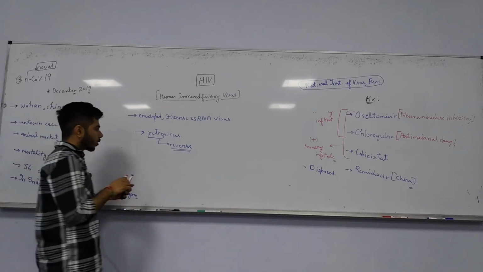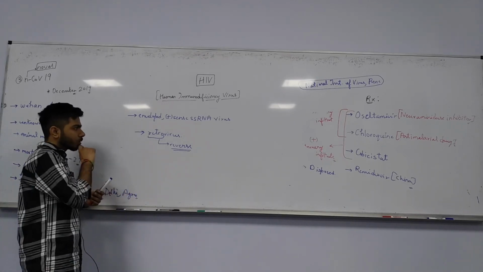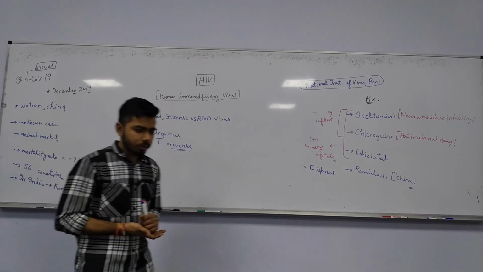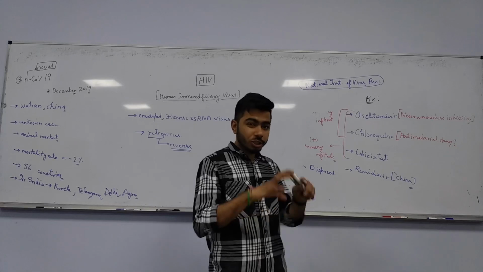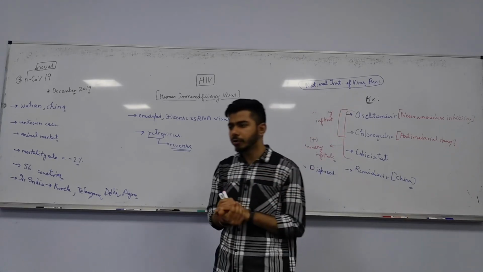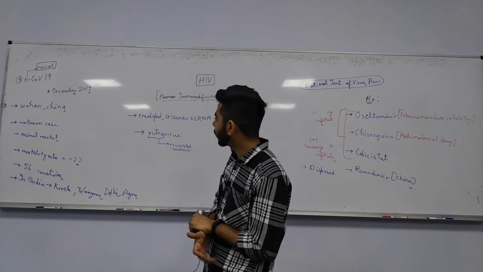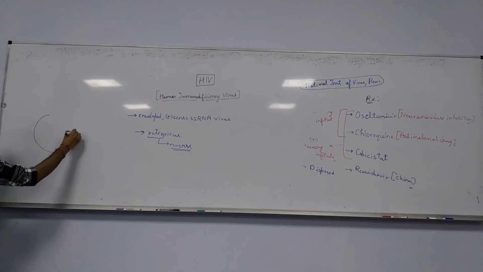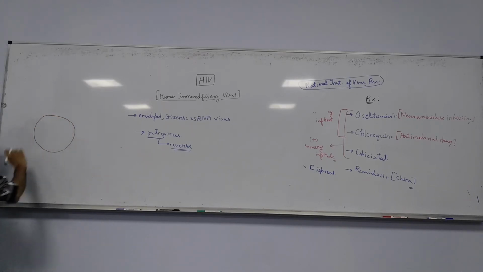Now look, what else should you remember about HIV? The structure of HIV should be clear in your mind, so let's talk about how it looks. Let's say this is the envelope of this virus. I told you this is an enveloped virus. Then look at the structure further.